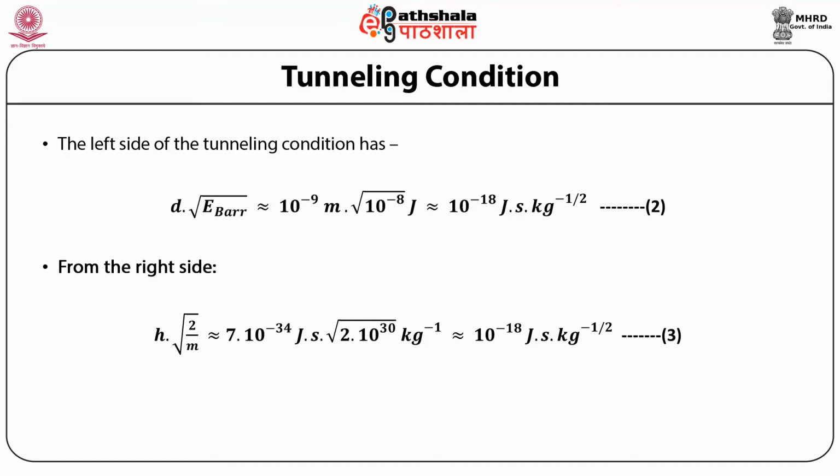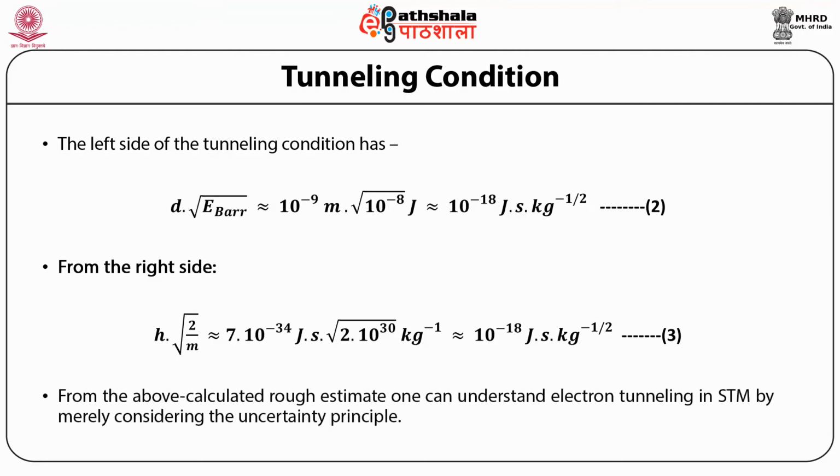This is equivalent to 10 raised to the power minus 18 joule second into kg raised to the power minus 1 by 2. This is equation 3. From the above calculated rough estimate, one can understand electron tunneling in STM by merely considering the uncertainty principle.